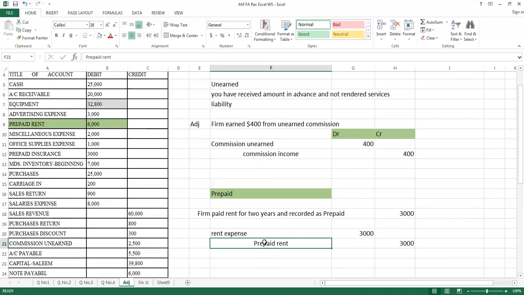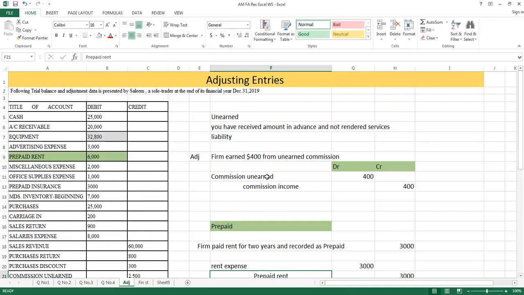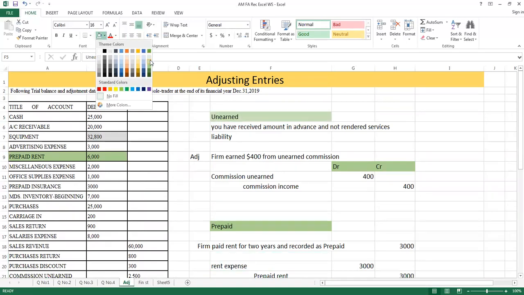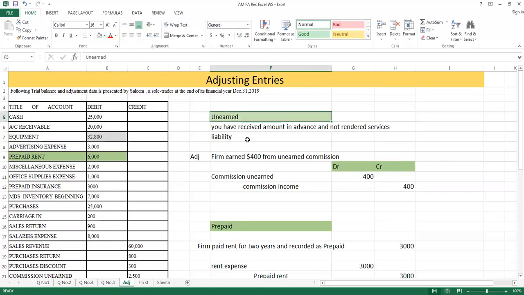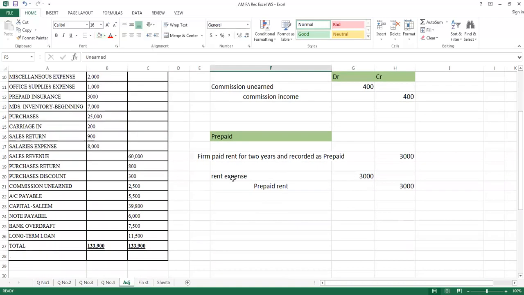So give me your feedback. In this lecture, the first topic that I covered is related to unearned: the amount you received in advance, and now some portion you have earned, so how you pass the entry. And second, I gave you one revision of prepaid: if you take advances and then consume some portion of that amount, how you understand it, how you take help from the trial balance, and what type of entry is possible.